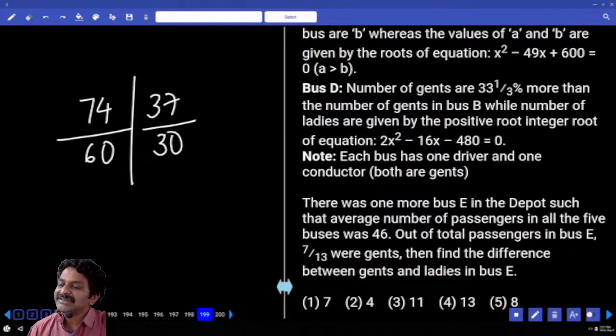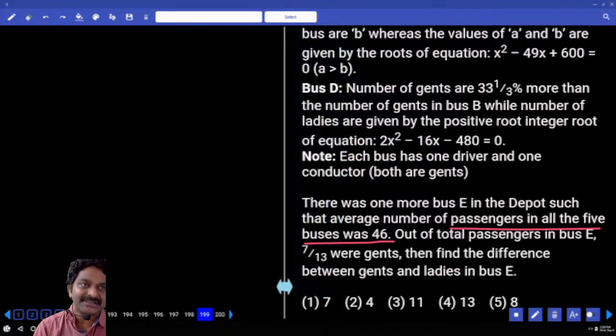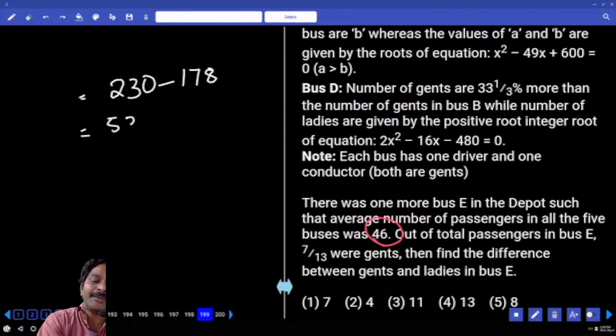There was one more bus E in the depot such that the average number of passengers in all 5 buses was 46. Here they are talking about passengers, right? The average number of passengers is 46 for how many buses? 5. Then the sum is 230. Out of 230 in buses A, B, C, D, already how many people are there? 178. Then the remaining 52 people will be in bus E only.